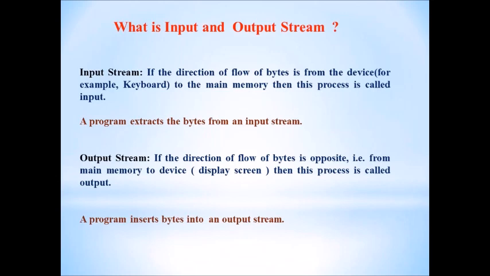So that operation is known as output operation. So the input operation means it extracts the data from the input device. The output operation means the program inserts some information to the output device through the output stream interface. This is the input operation and output operation.